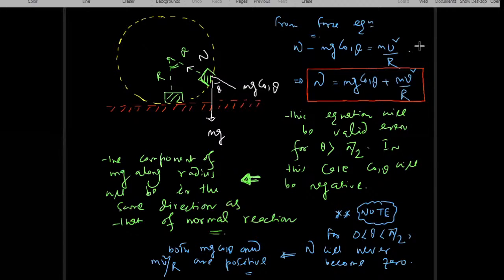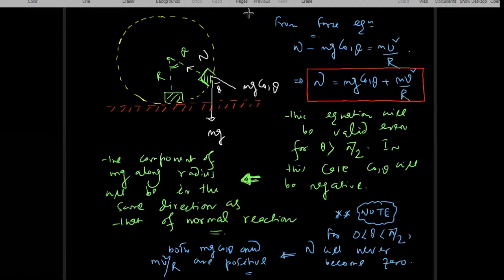Only then will one cancel the other. It's a very simple thing. Plus 2 and plus 2, can they ever become 0? No. 0 is only possible when it is plus 2 and minus 2. All right. Okay, so let's proceed from here.